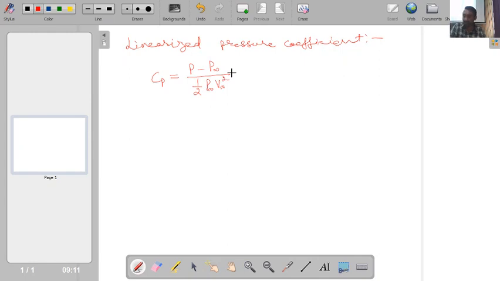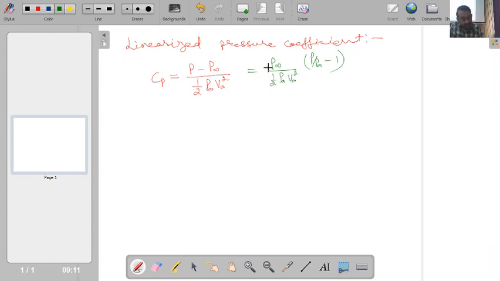So this is the typical definition of a pressure coefficient. Here, the denominator represents the dynamic head, and the numerator represents the difference of static head at local and free stream conditions. Now, if I take P infinity common, I get P infinity, half rho infinity V infinity square, and inside I get P by P infinity minus 1.